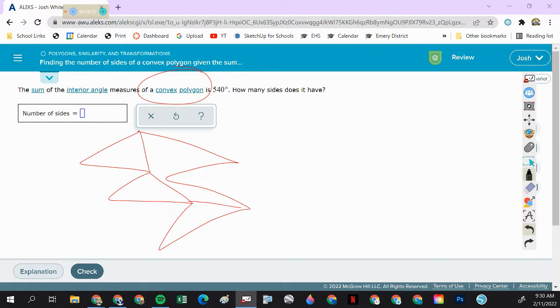Because we have these caves, it's concave, I can't actually split those angles up. So with a larger polygon, you can run into problems with concavity and angle sum. All right.